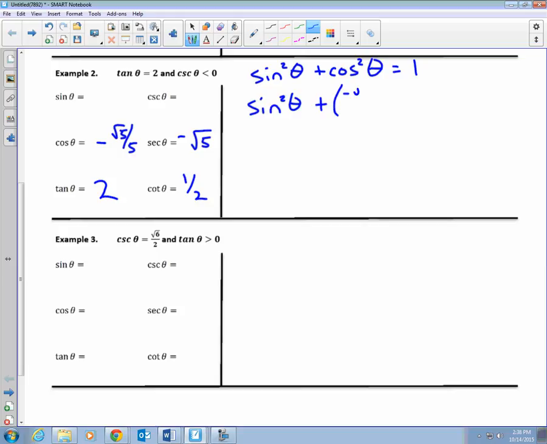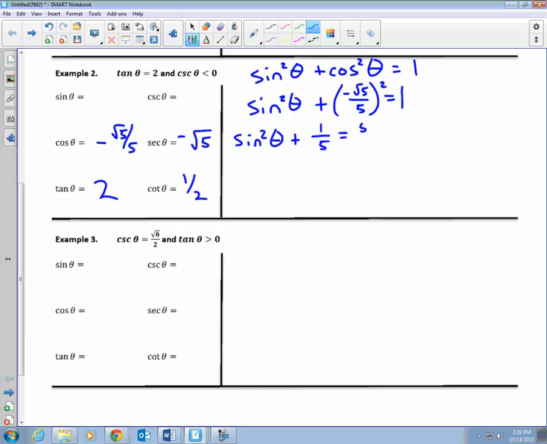So negative root of 5 over 5 squared. What's negative root of 5 squared? Negative times a negative is positive, and if we square the square root of 5, we get 5. Square the bottom. What's 5 over 25? 1/5.